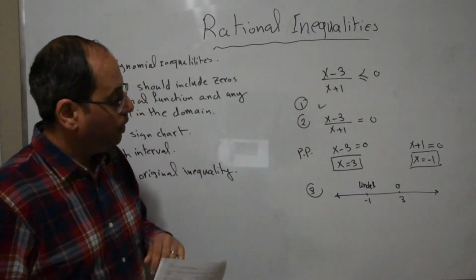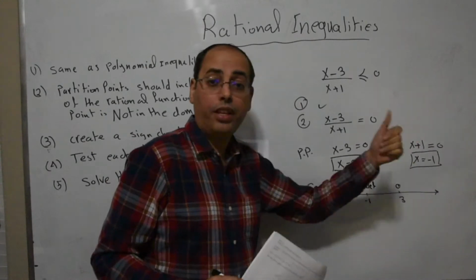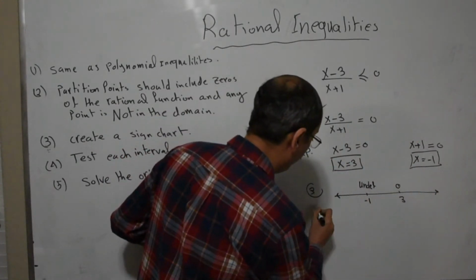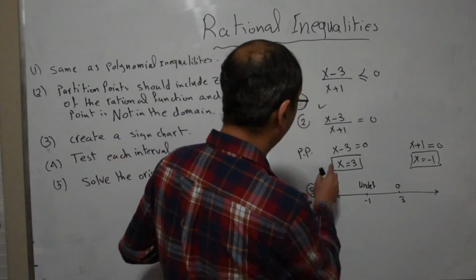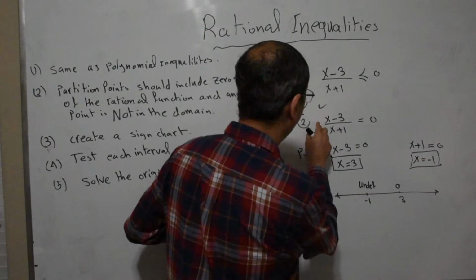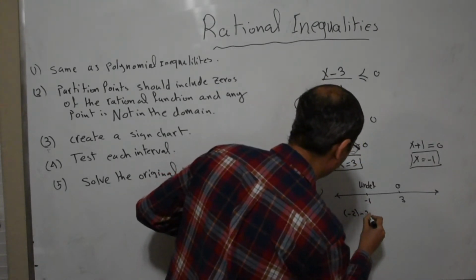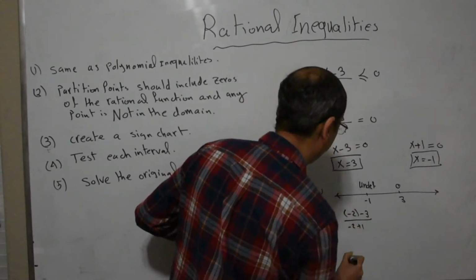Alright, I'm going to test in each of these three intervals. Let's say x less than negative 1, x equals negative 2. If x is negative 2, I have (negative 2 minus 3) divided by (negative 2 plus 1).